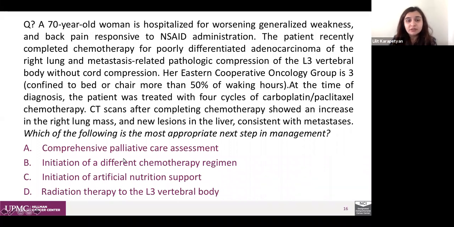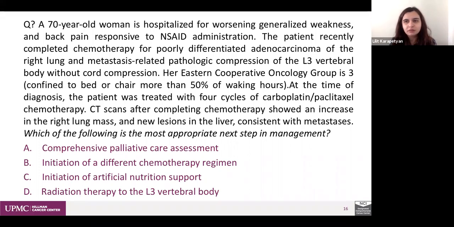In the boards, it's almost always the right answer to pick comprehensive palliative care assessment, because everyone wants palliative care on board. It's just good. It helps with improved survival. That study showed that it improved survival in patients with stage 4 lung cancer if you include palliative care.